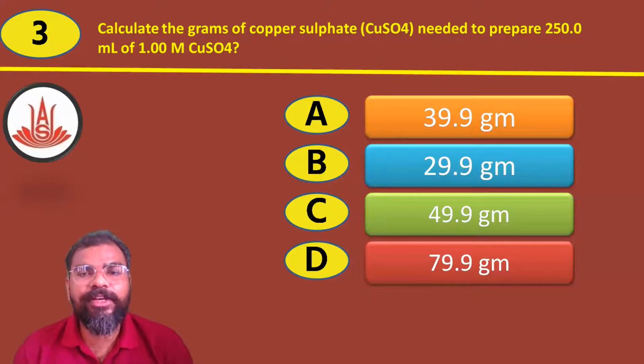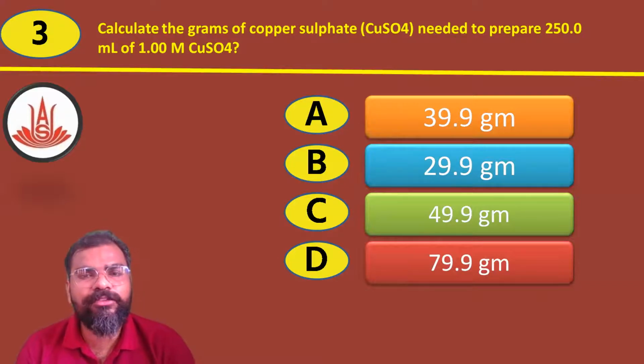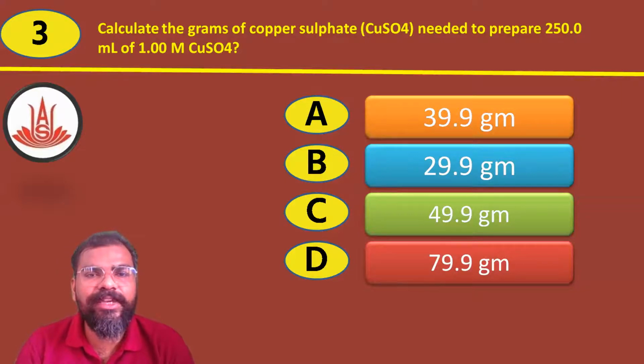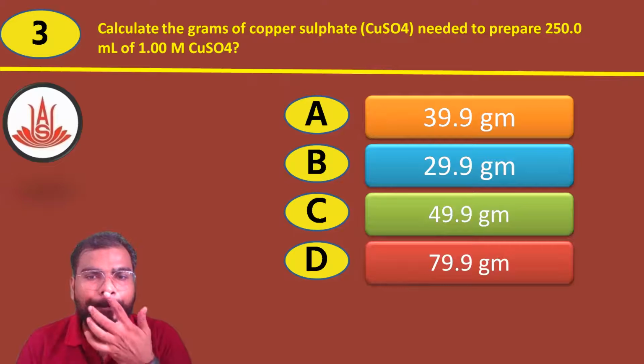Grams of copper sulfate we have to calculate. To make 250 ml of a 1 molarity copper sulfate solution, how much weight of copper sulfate powder do you have to weigh out? There are 4 options they have mentioned: 39.9 gram, 29.9 gram, 49.9 gram and 79.9 gram.